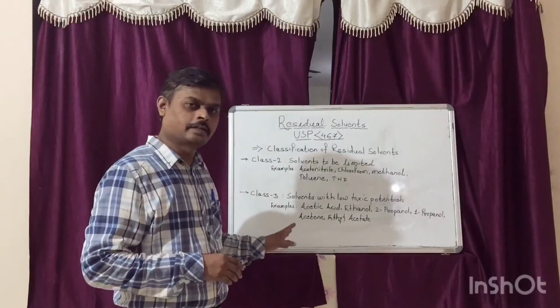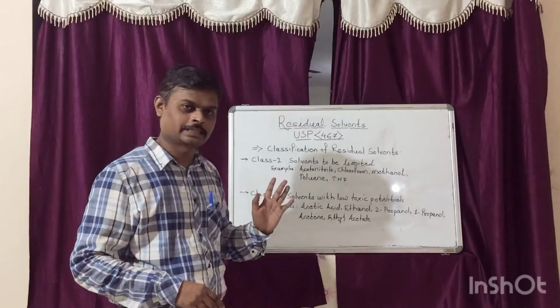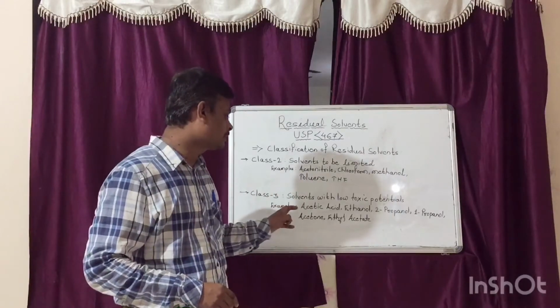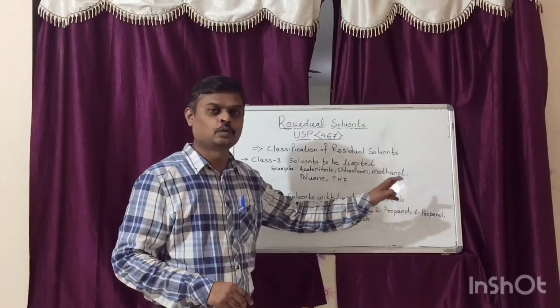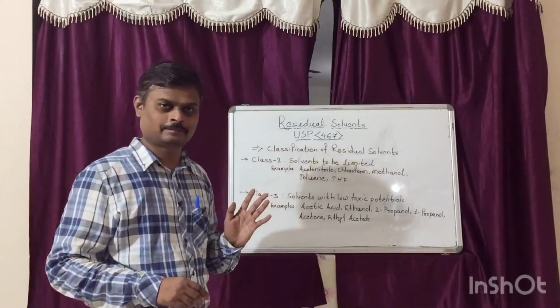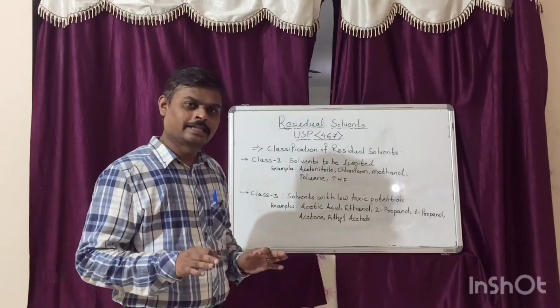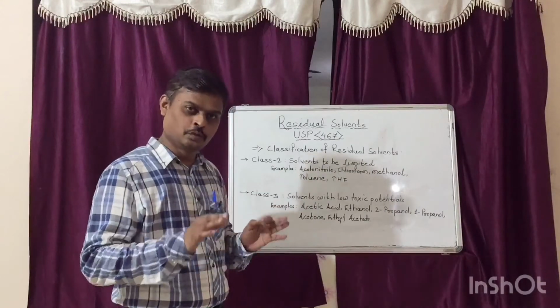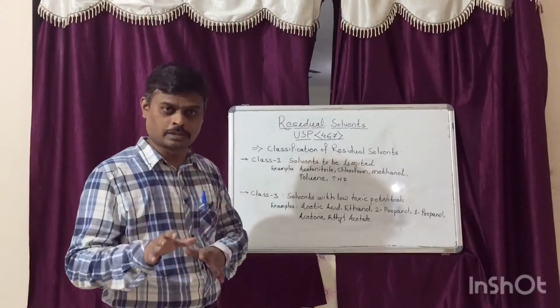The third category of residual solvents is class 3 solvents. These are solvents with low toxic potential to humans. These solvents should be used wherever possible in any proportion.